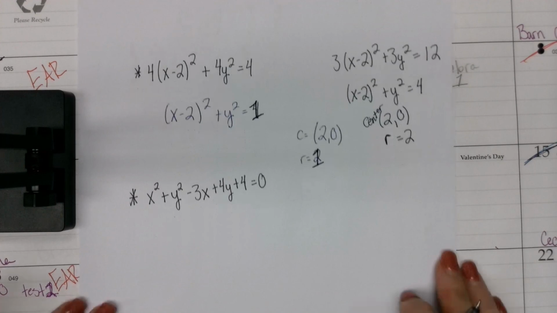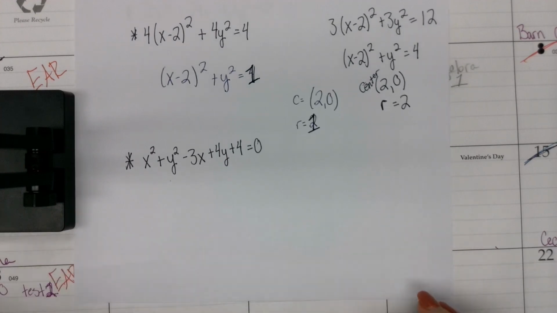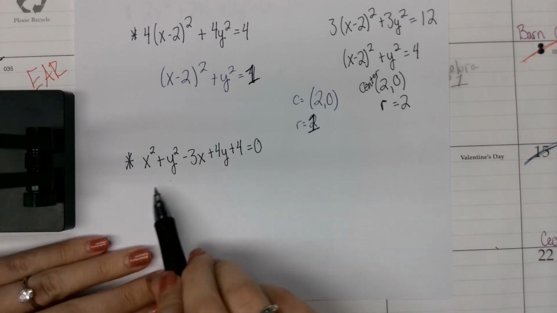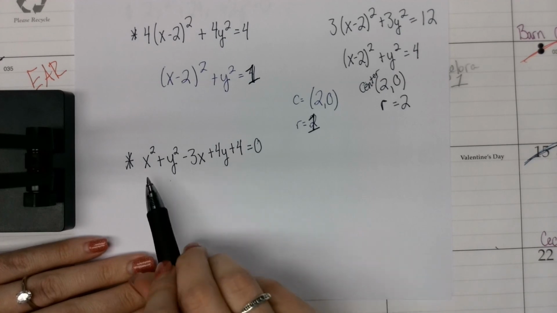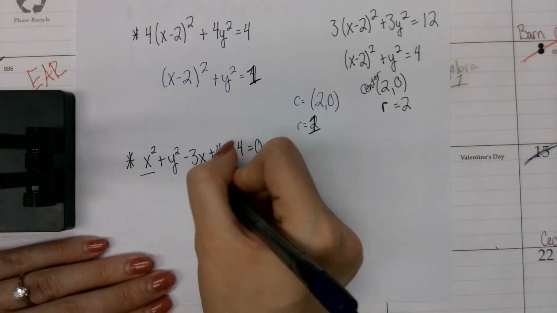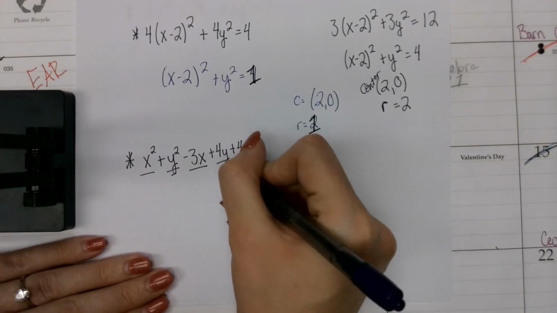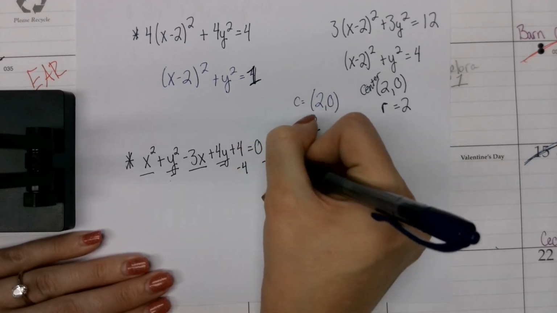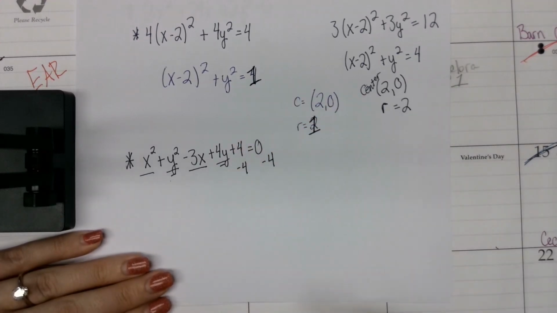Now this one down here, on this one you have to complete the square, which is something we didn't talk too much about before, so we're going to talk about it now. They gave us our formula in general form. We're going to get our x's together, get our y's together, and bring this 4 to the other side.